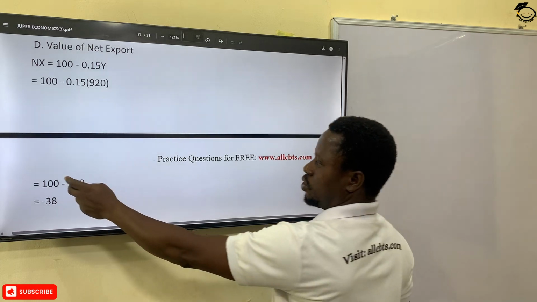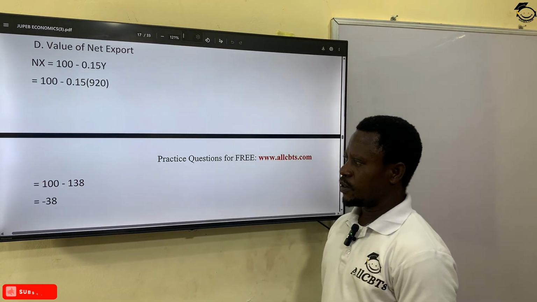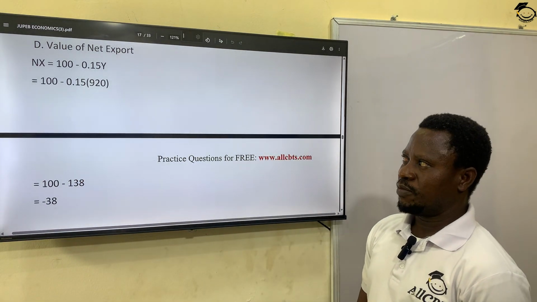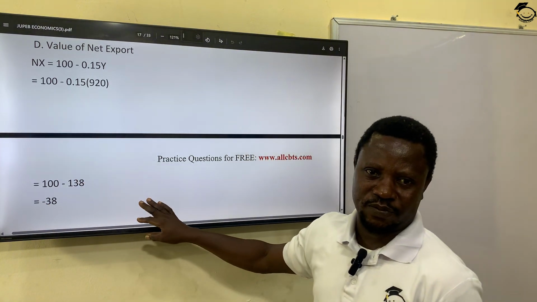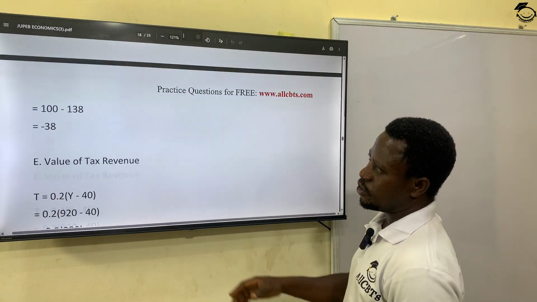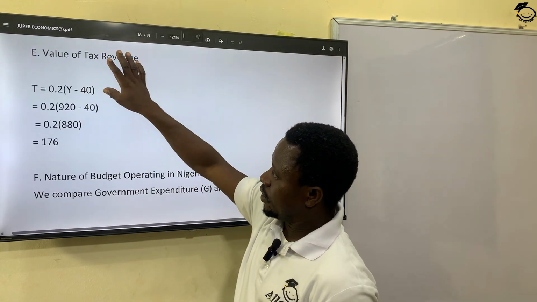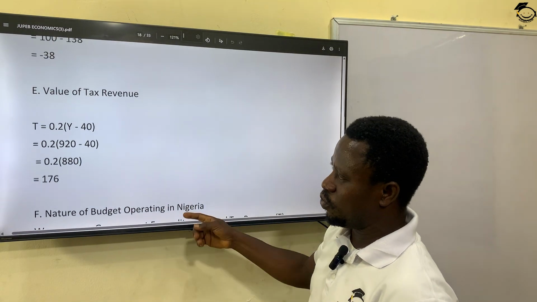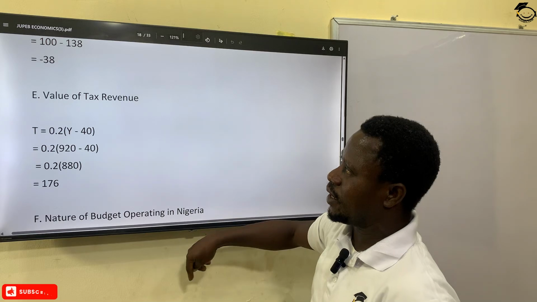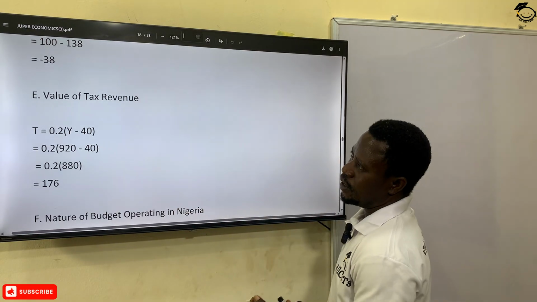That will give us 100 minus 138. That is minus 38. Remember, okay? So this is negative. What's the implication of this negative? It shows you that we are in deficit. But we are coming to that because we are asked to interpret it later. We will see the interpretation before the end of this question.